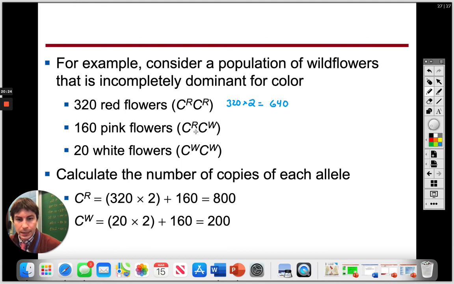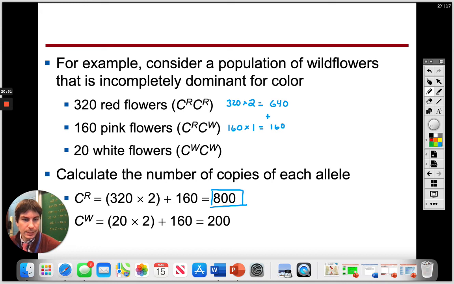Now I'm going to do all the dominant alleles in blue. For our heterozygous ones, let's do the dominant first, 160. Each one only has 1, so that's 160. So if we wanted to calculate how many dominant alleles we have, 640 plus 160, that's 800. So that's how they got that number.